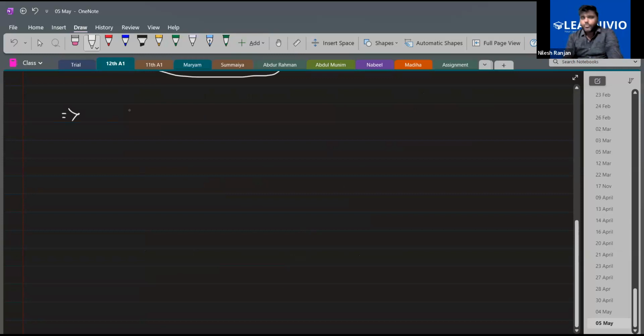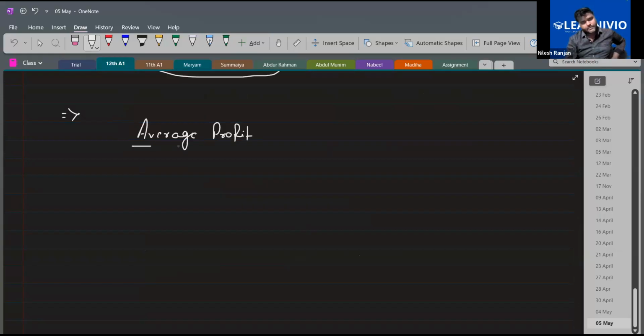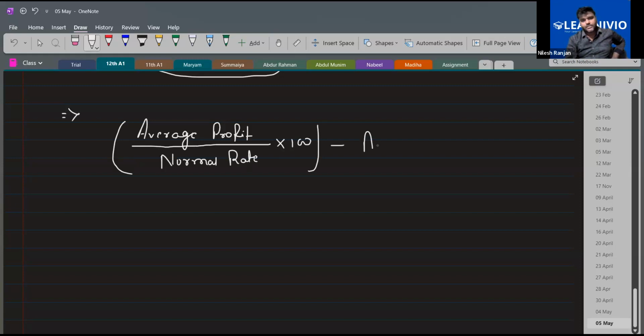So first of all, average profit, we know how to calculate. Average profit divided by normal rate into 100 minus actual capital employed.